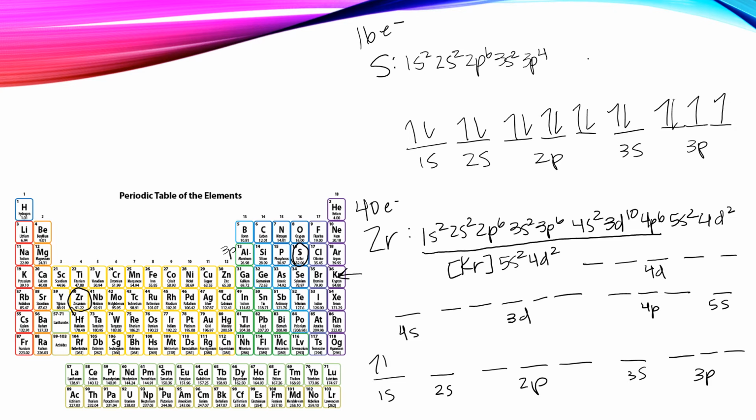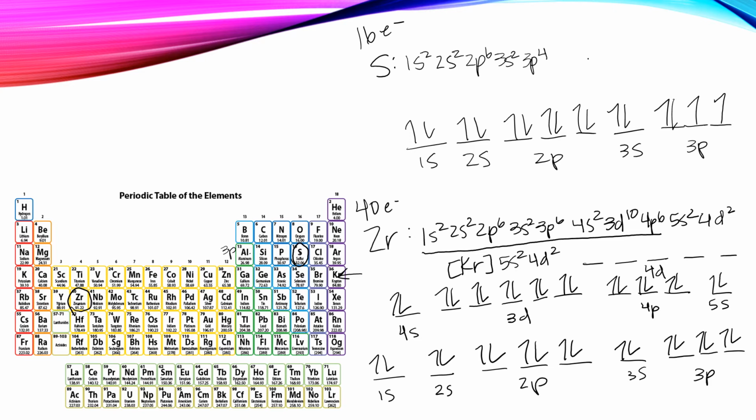And then, of course, everything is going to be full until we get all the way to those 4d orbitals. And we only have 2 electrons there.